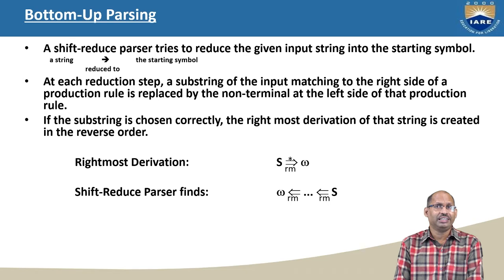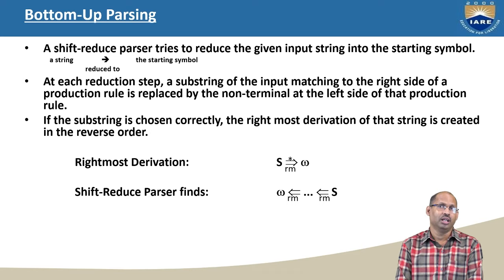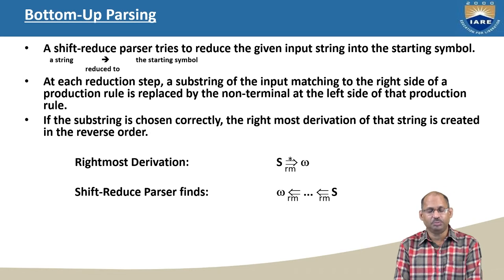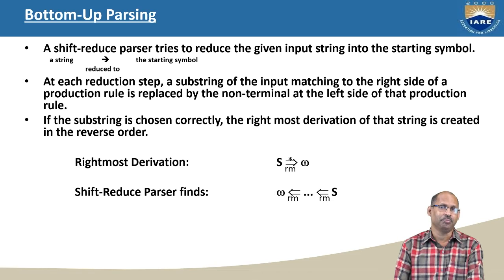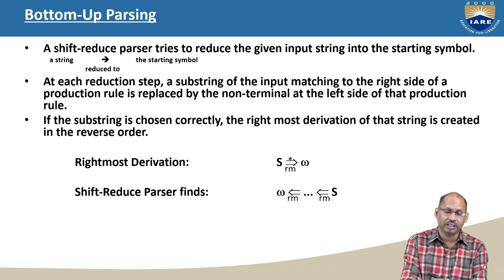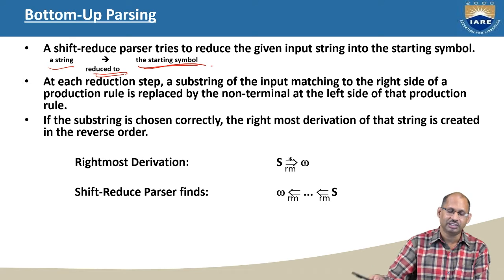A shift-reduce parser tries to reduce the given input string to the starting symbol. So in this bottom-up parsing method, we are converting the given input string to the starting symbol. The given input string is reduced to the starting symbol.